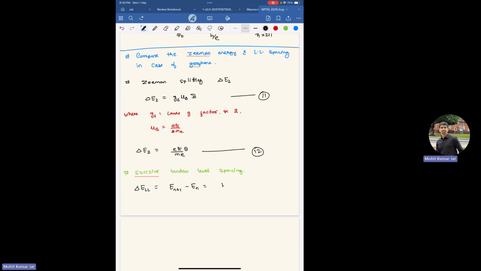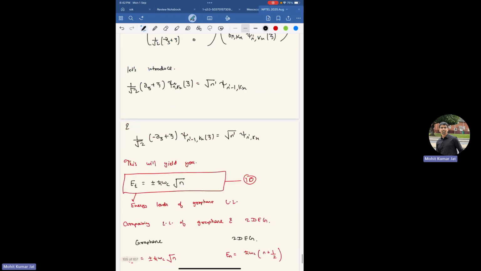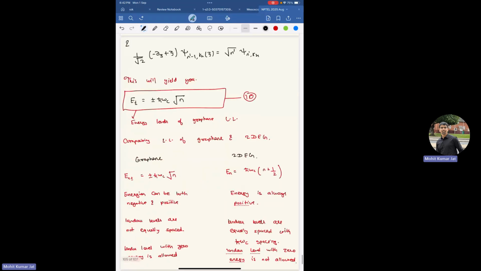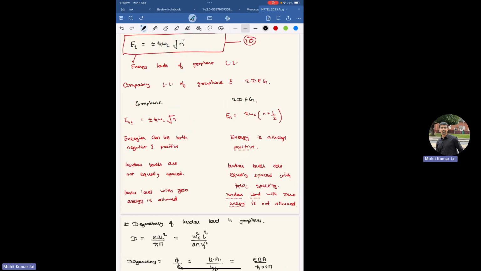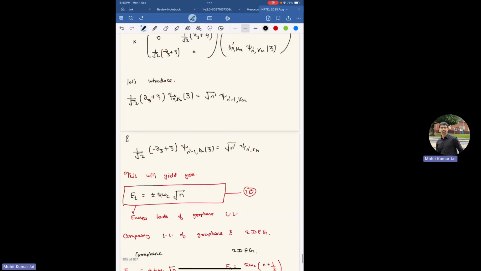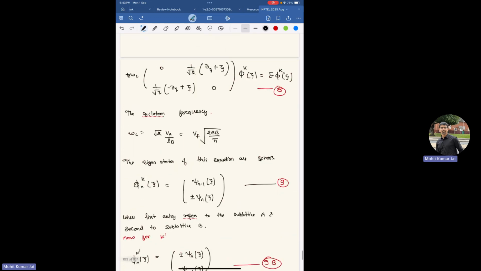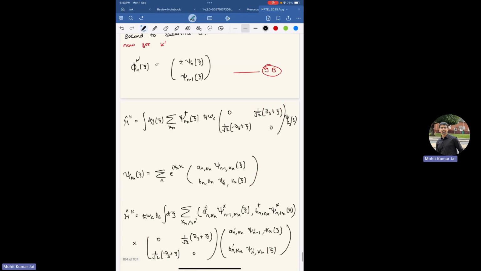This we have already discussed: h bar omega C and h bar Vf times, if you recall this equation number 10, plus minus h bar omega C square root of N plus 1 minus h bar omega C square root of N, right? Where omega C we define to be Vf times under root 2 eB by h bar.